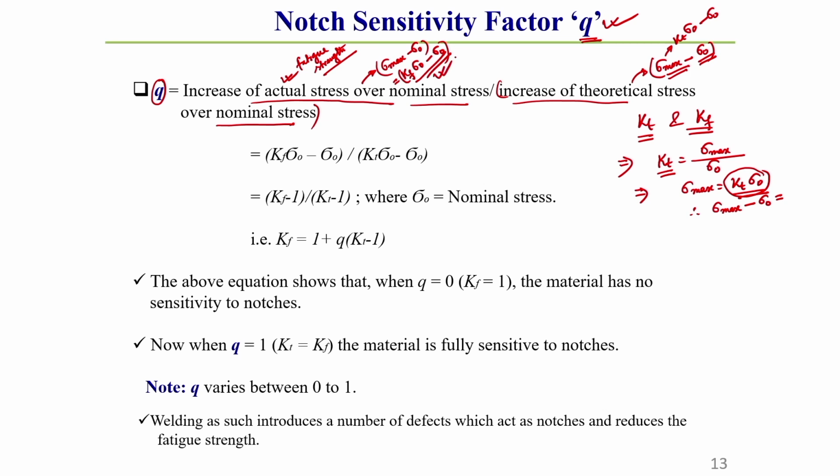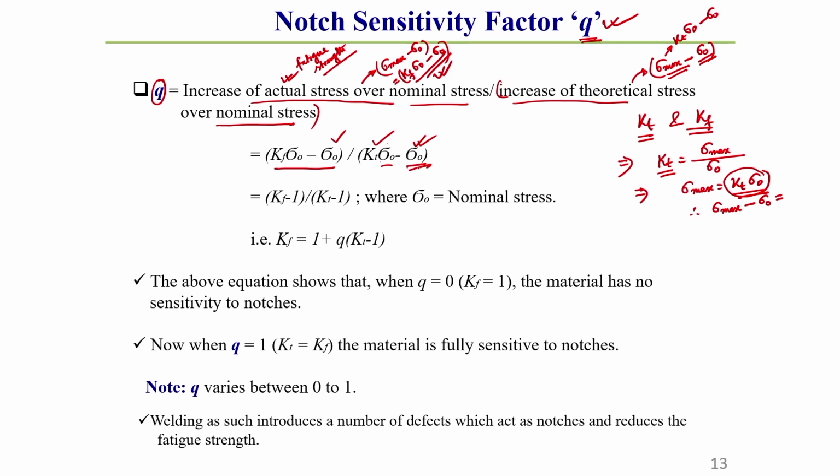So this is the difference, Kf into sigma 0 minus sigma 0. In the next case we consider the theoretical stress concentration factor, and whatever maximum stress you get, that is Kt into sigma 0 over nominal stress, that means minus sigma 0.